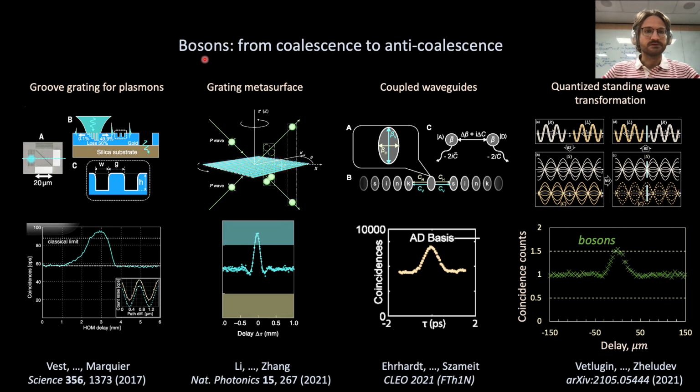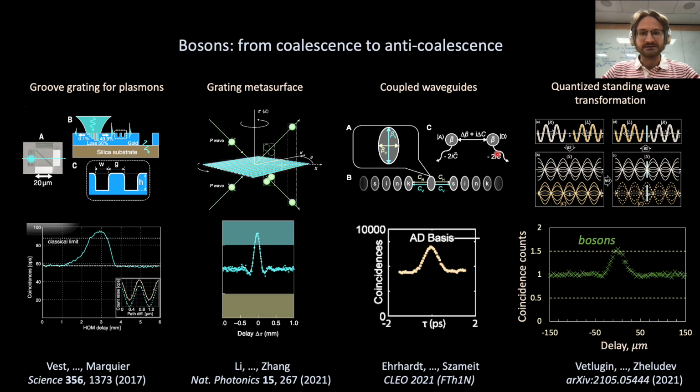There are a couple of works where people observed anticoalescent behavior of bosons. First of all, in the group of Marquet, they observed the peak in coincidences when interfering two plasmons. Plasmons are bosons. In the recently published paper by the group of Zhang, they interfere two non-entangled photons on the grating metasurface and observed a peak in coincidences as well.